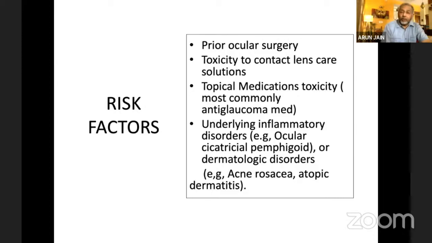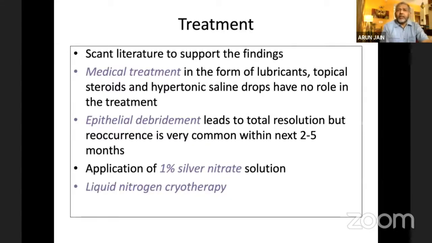And in the literature, the treatment part is quite scant. Medical treatment usually fails, in the form of topical lubricants and steroids or hypertonic saline. But simple epithelial debridement leads to a total resolution within 3-5 days, but recurrences are quite common.